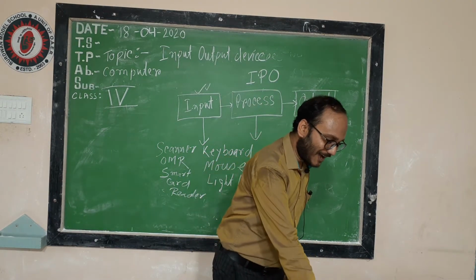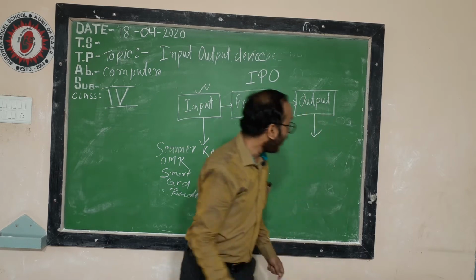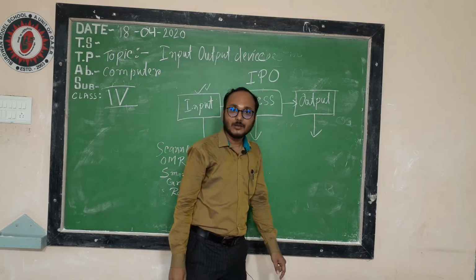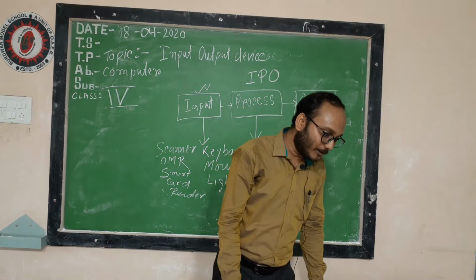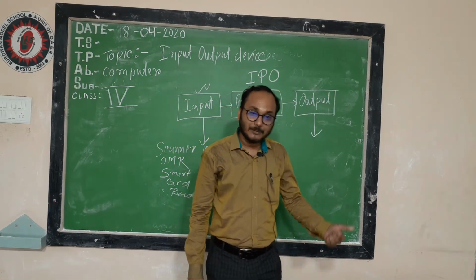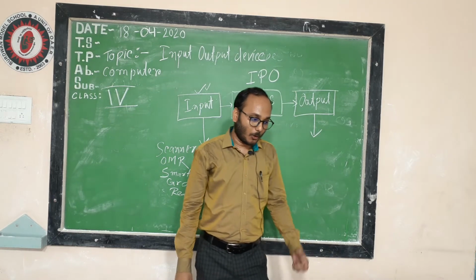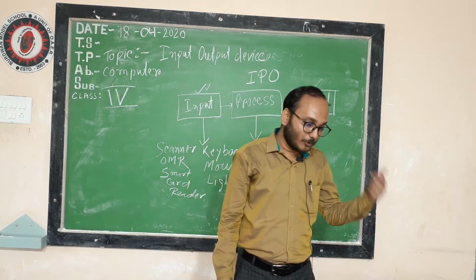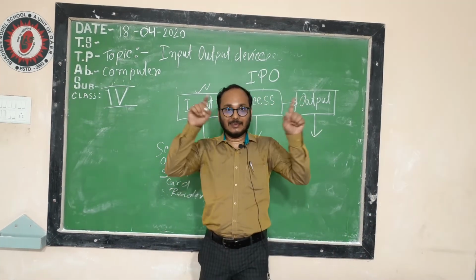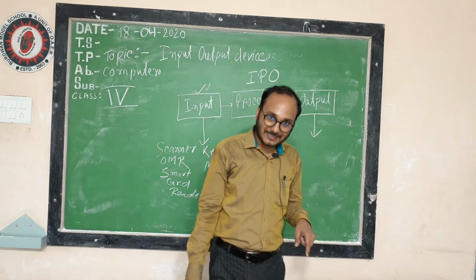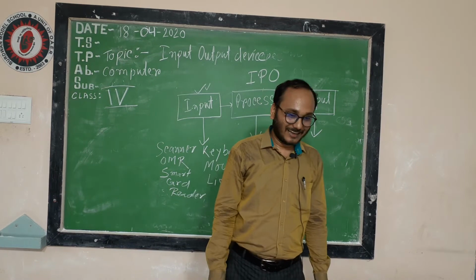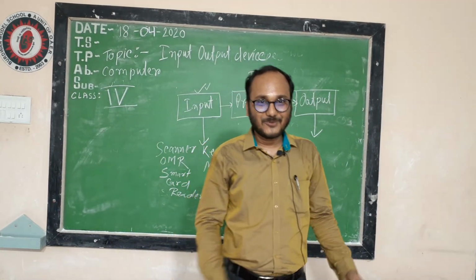So output device. First device is monitor. In lab 1 we found the CRT monitor. In lab 2 also we can found the LCD monitor and the LED TV also in lab 1. Isn't it? I think you all miss lab 1 and lab 2.